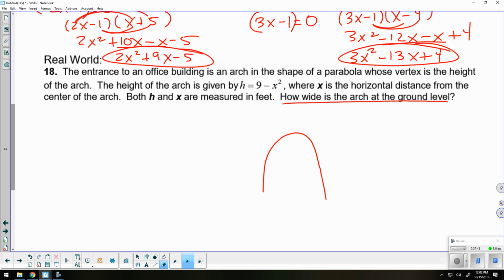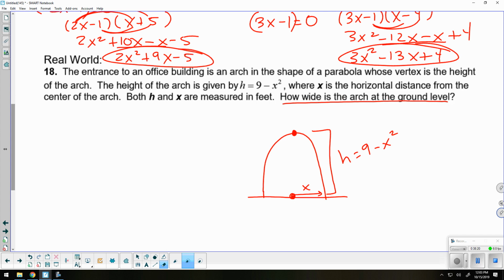The vertex is up here at the top, the height of the arch, so how tall this arch is, from the ground, just say here's the ground level, to the vertex, the height is 9 minus x squared, where x is the horizontal distance from the center of the arch, going from the center of the arch and then going out. That's what x is.